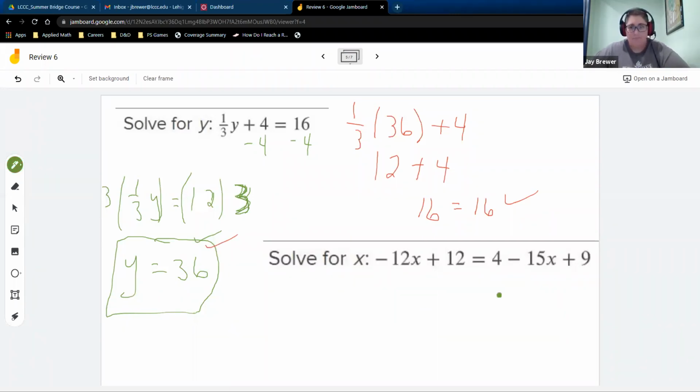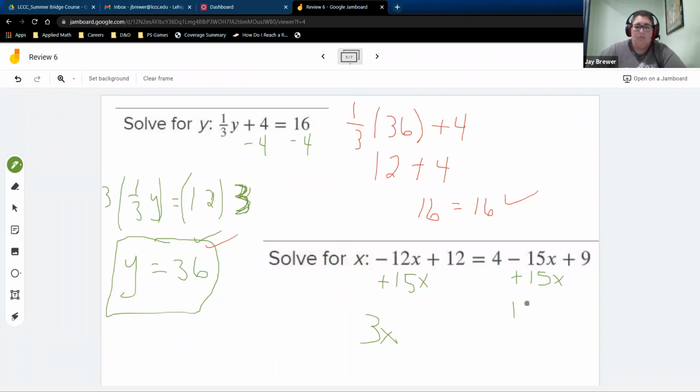Okay. Next, we need to make sure we have combined terms. So we have to get all of our x's on the left, and everything else will go to the right. 15x minus 12x will give us 3x. 4 plus 9 will give us 13.